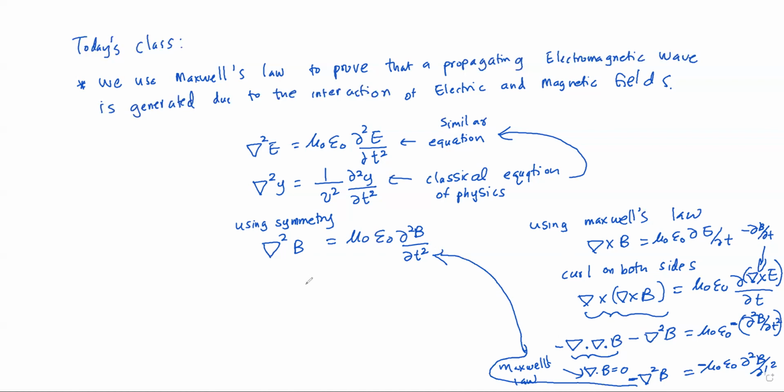That also shows us that the magnetic field follows a certain wave-like behavior once it is propagating as an electromagnetic wave in space along with the electric field. So those are the conclusions that we derived in the last class.